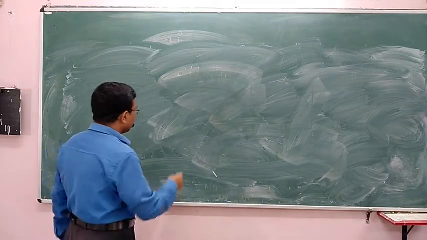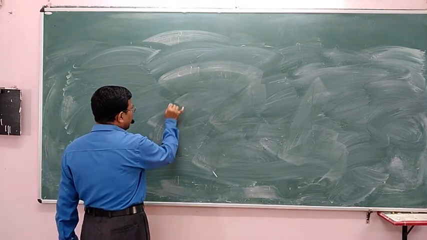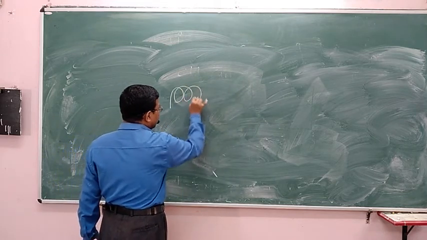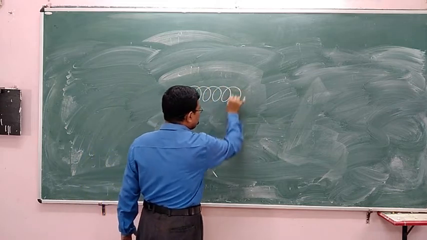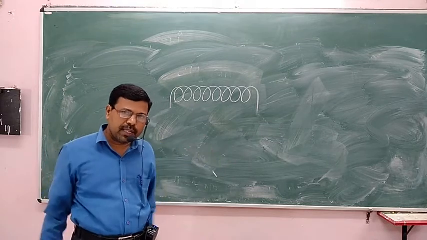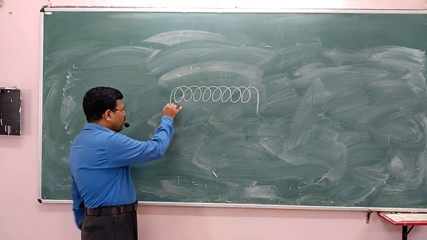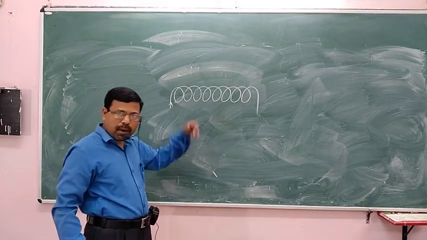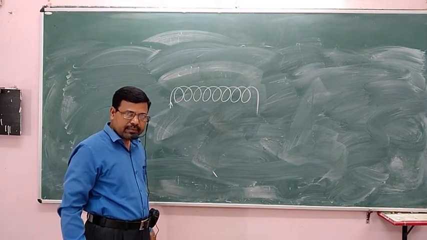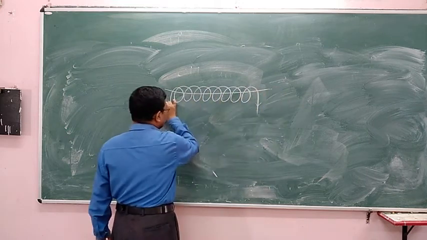Okay. As all of us know, a solenoid contains several turns. It is made of copper wire, aluminum wire, or any metallic wire. When an electric current passes through the solenoid, a magnetic field is produced in and around the solenoid.